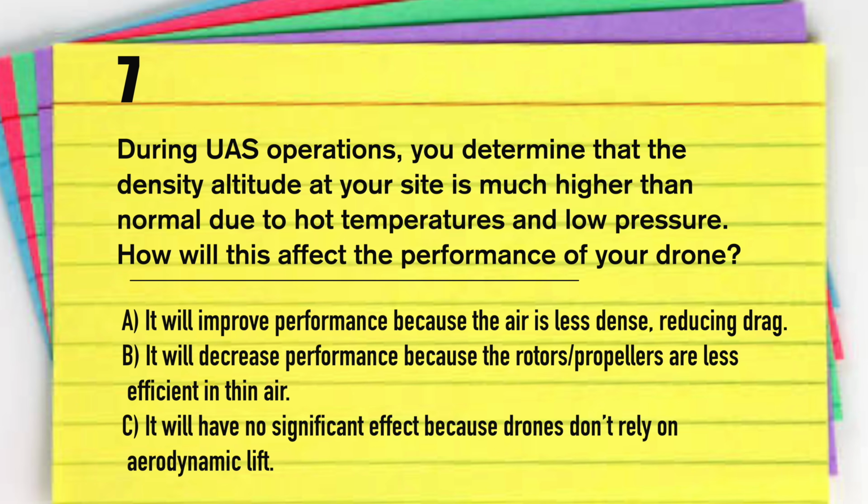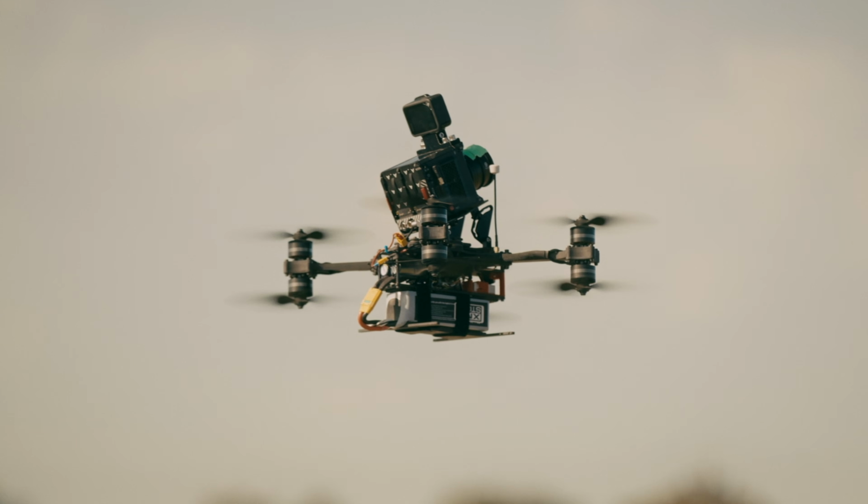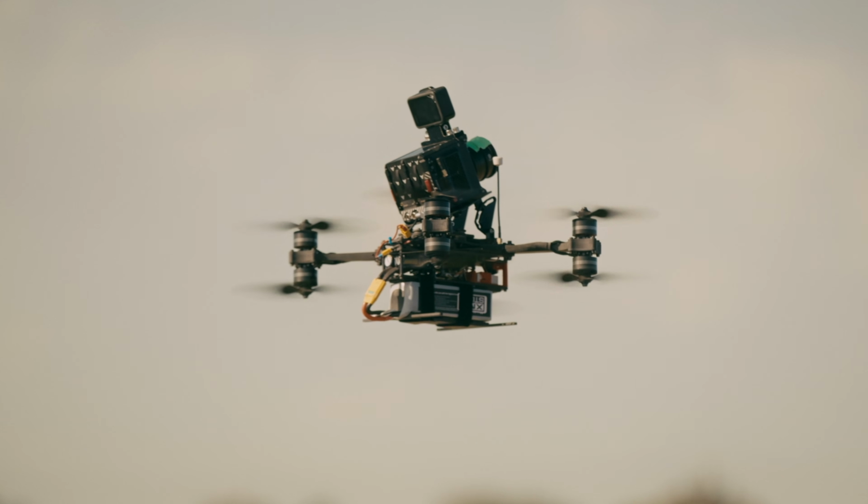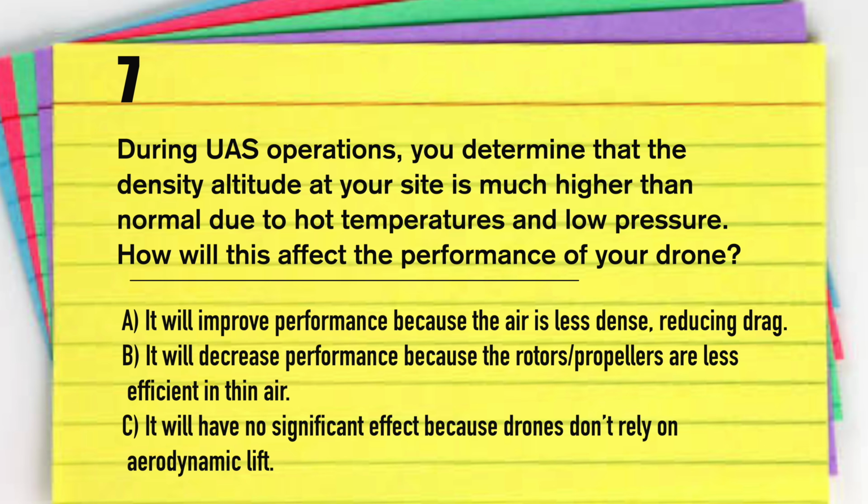Flashcard number 7. During UAS operations, you determine that the density altitude at your site is much higher than normal due to hot temperatures and low pressure. How will this affect the performance of your drone? A. It will improve performance because the air is less dense, reducing drag. B. It will decrease performance because the rotors and propellers are less efficient in thin air.